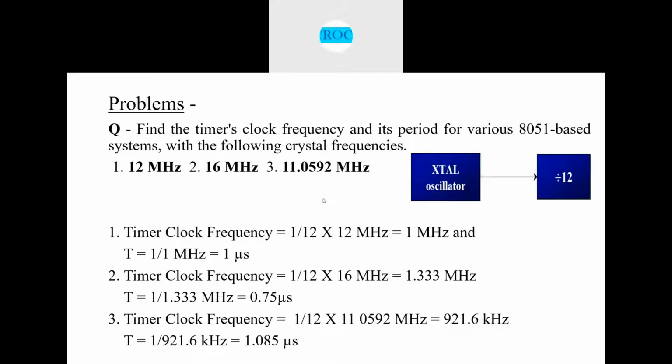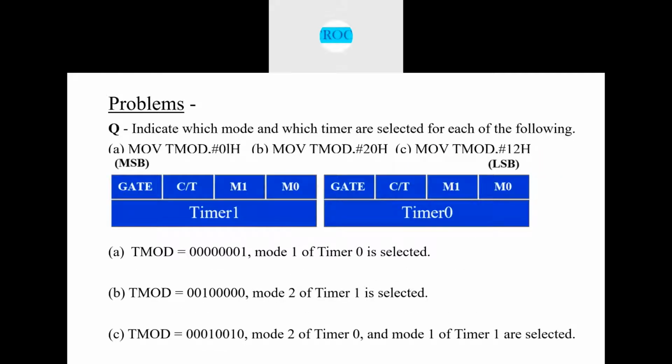One of the reasons we use an 11.0592 megahertz clock source is that, in order to communicate with systems like IBM PCs, having this as the crystal frequency generates a baud rate with minimum error or no error in communicating with the IBM PC. That's the reason we use the crystal frequency of 11.0592 megahertz.